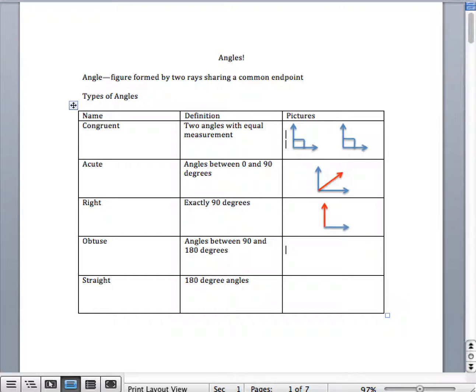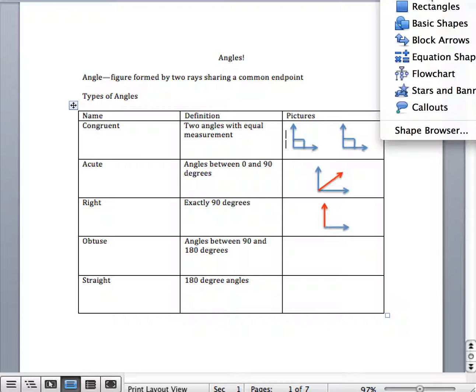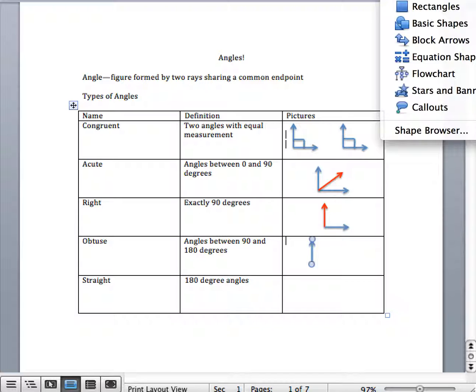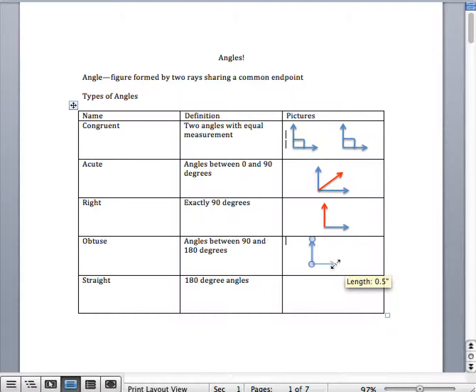Perfect. Now an obtuse angle is an angle between 90 and 180 degrees. 180, as we'll see with a straight angle, is considered a straight line. We'll make our 90-degree outline again here. So here's our 90-degree outline.